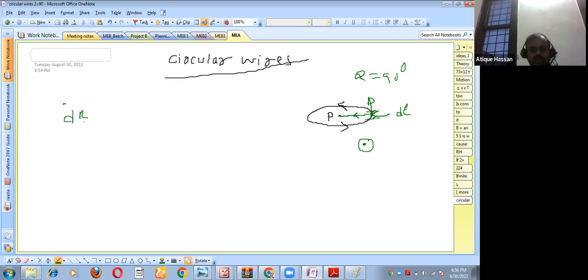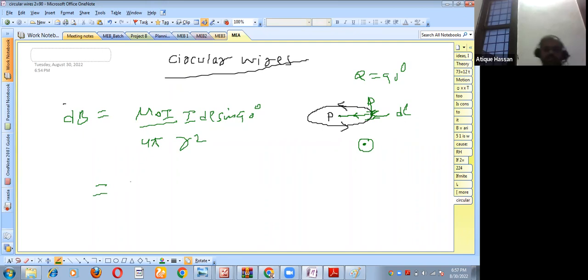So we will calculate dB due to this element, that is mu naught I by 4 pi I dl sine 90 degree by r square.